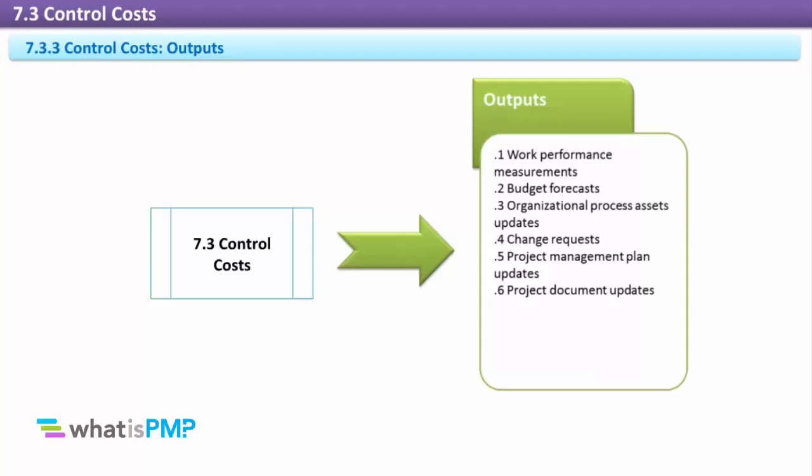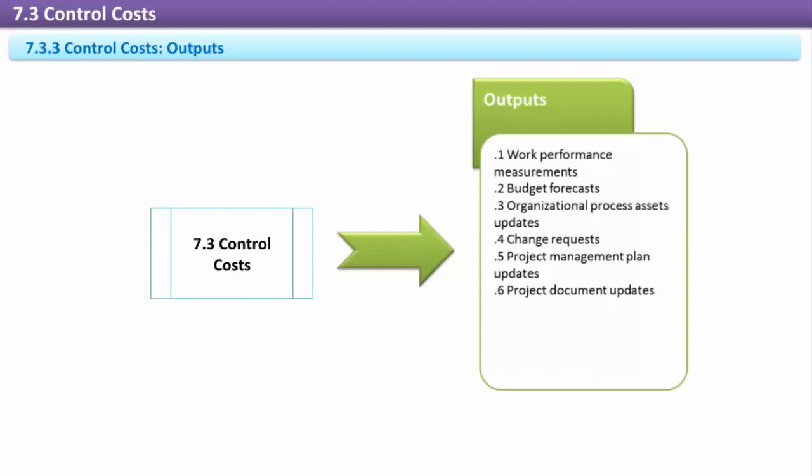This includes work performance information that specifically provides mathematical measurements of performance that is communicated to stakeholders. It may also report on earned value values for WBS components or control accounts within the WBS. Budget forecasts.